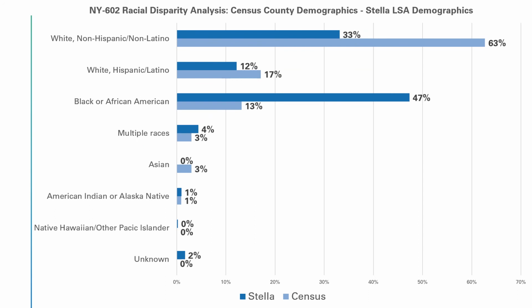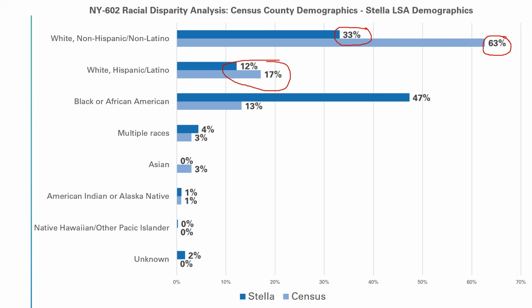New York 602, this is Orange County. And we can see a 30% gap, which comparatively is still relatively really bad. And then if you look at white Hispanic right here, we also see that gap again, this time by 5 percentage points. So this is more likely to be significant.